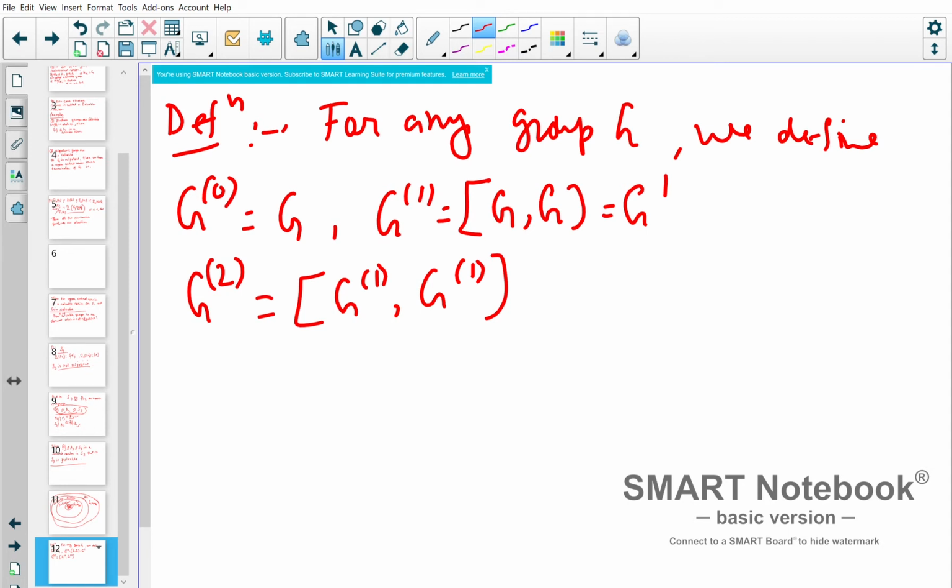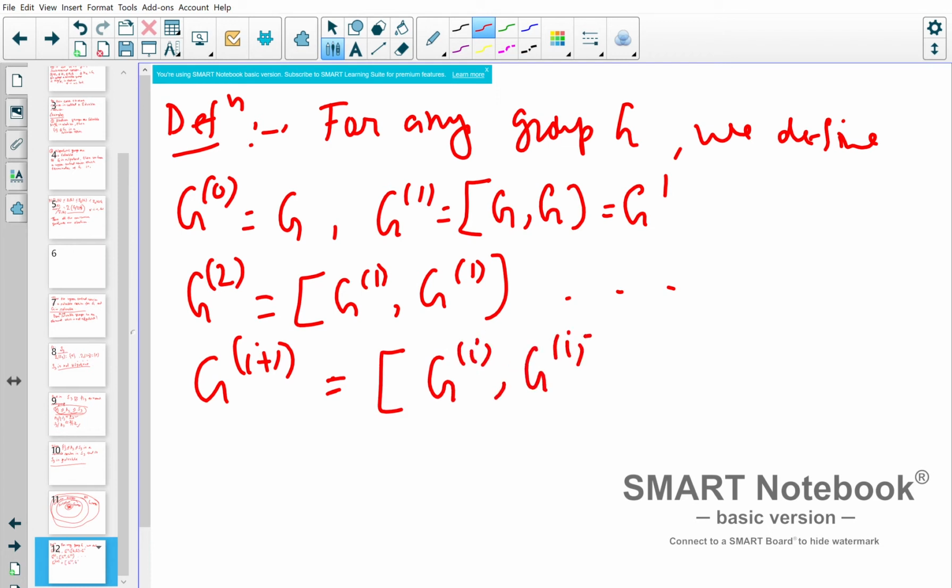G(i+1) is, by definition, the derived subgroup of Gi.